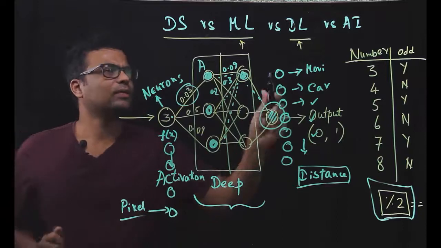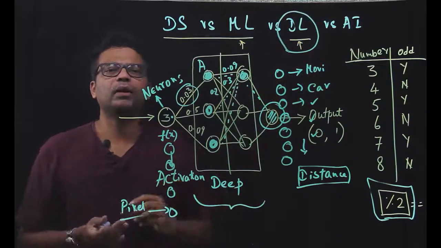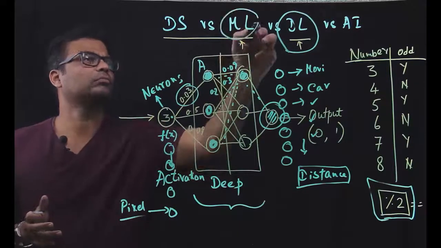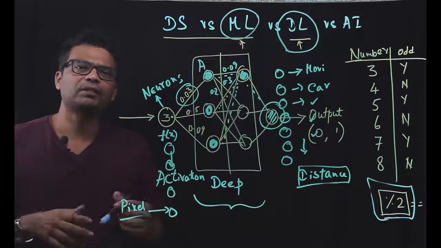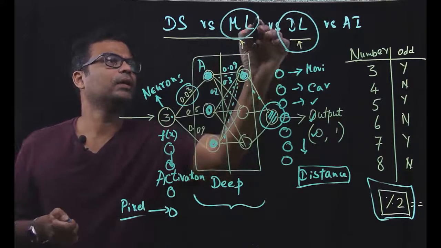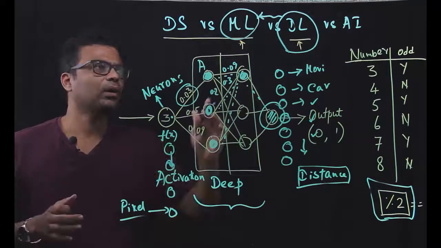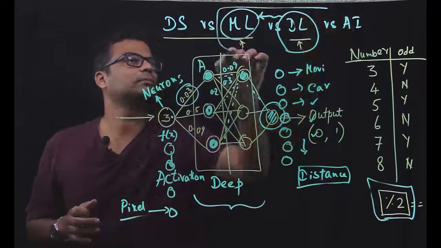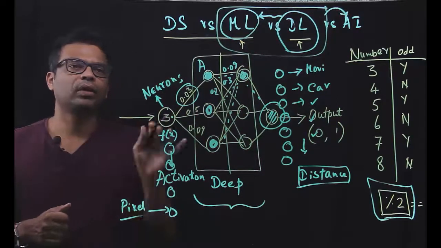So these are examples of deep learning. And the way deep learning works, technology-wise, is totally different from the machine learning algorithms. But purely in terms of classification, deep learning is a subset of machine learning. And remember, all of them are typically subsets of AI. And we know where data science fits.